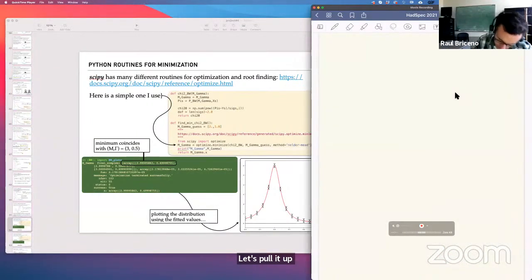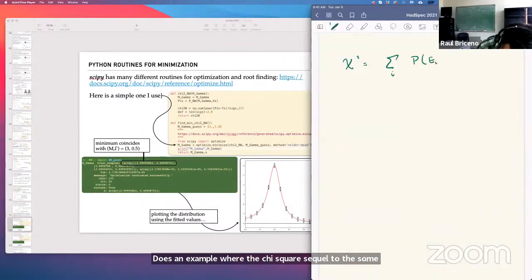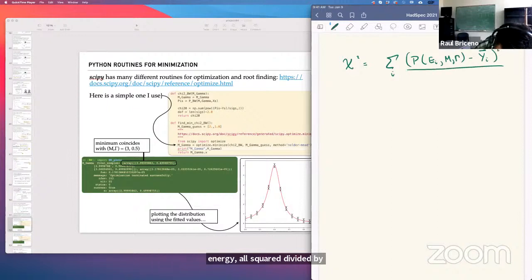So the chi-squared is equal to the sum of the probability distribution evaluated at some mass and gamma and some energy, minus the data evaluated at that energy, all squared, divided by the standard deviation squared.